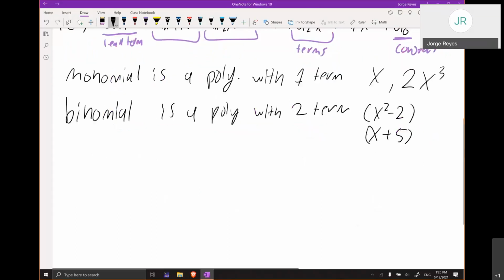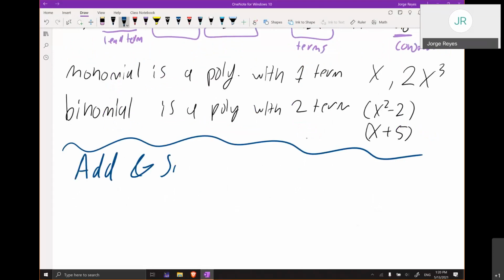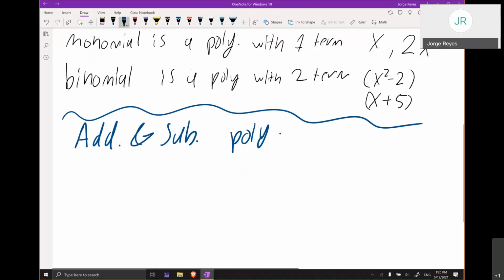All right, so we have introduced polynomials. Now what can we do with them? Okay, first we're going to learn how to add and subtract them. Okay, so addition and subtraction of polynomials. And for here, everyone always uses the saying combine like terms.